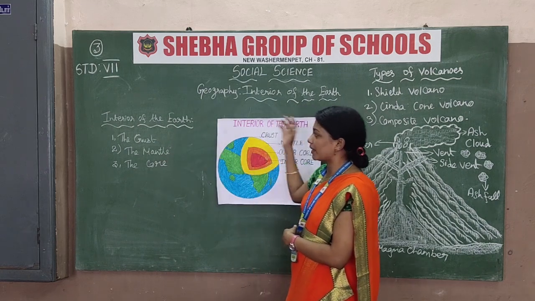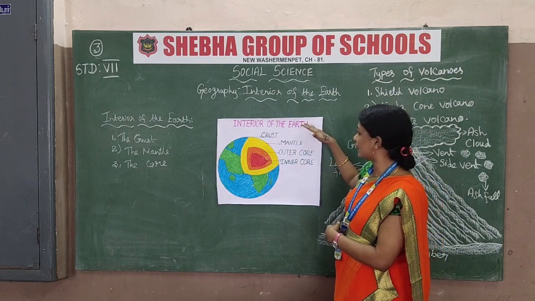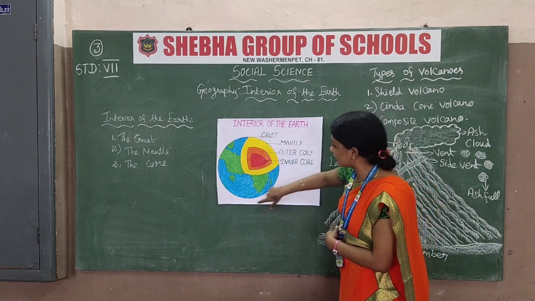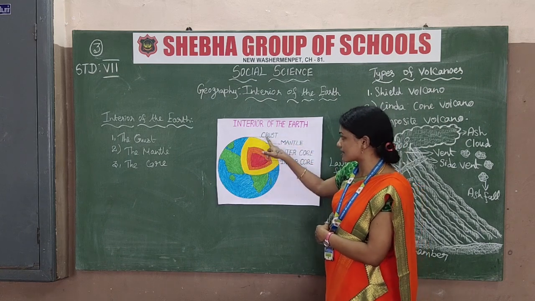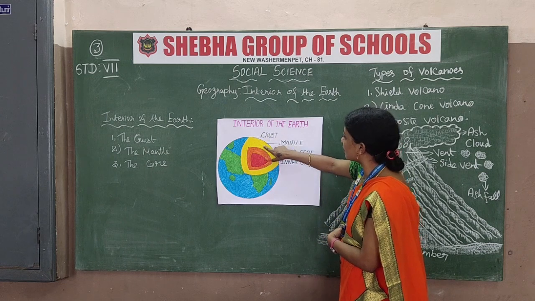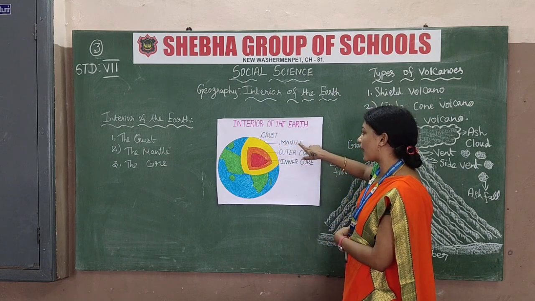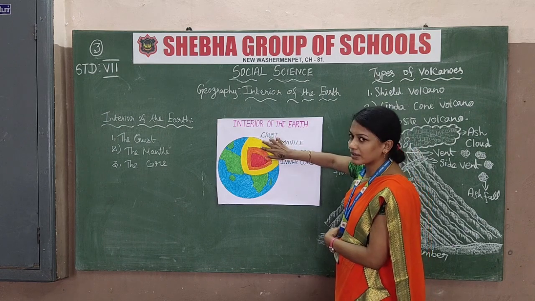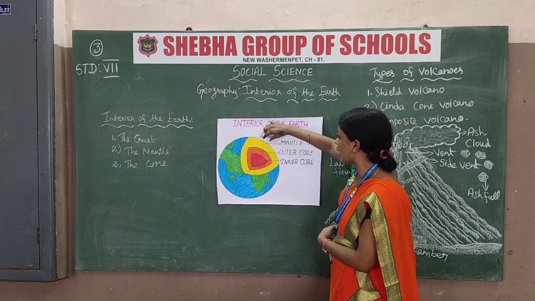Before going to the explanation, I will show you this picture. See this, the interior of the earth. This is our earth. The outer part is called a crust, and the inner part, inside the crust, is called a mantle. The mantle is also divided into two types, that is outer mantle and inner mantle.